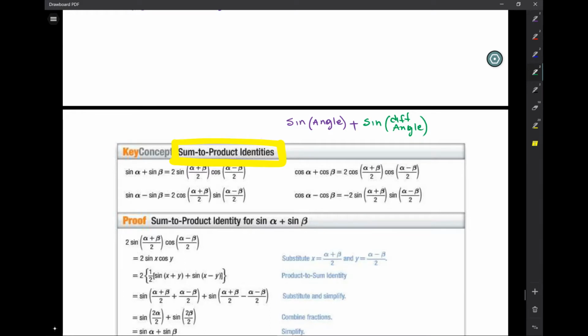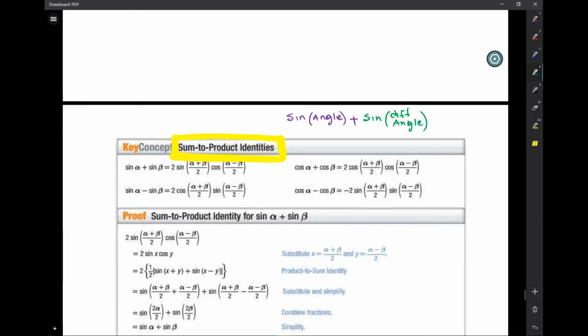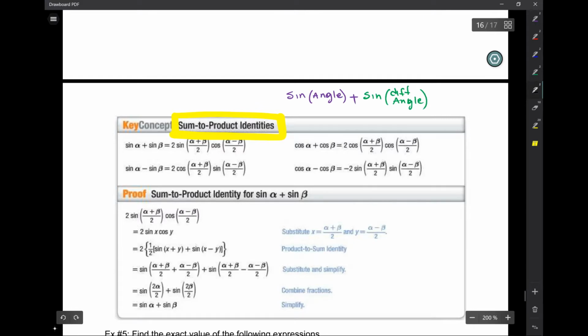Now, where does the confusion usually happen? If you remember back in section 4, we had sum and difference identities. What did those look like? I'll remind you. It looked like sine of A plus B. A lot of times, students will use one of the identities from section 4 for one of these.